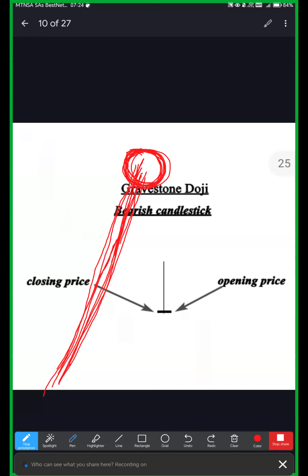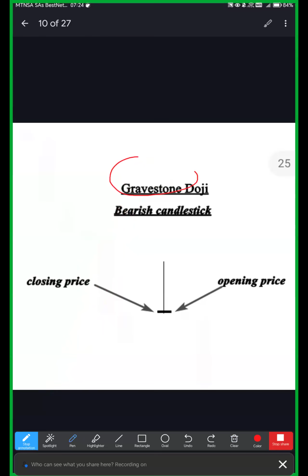How long is this coin going to continue pumping? At which level are you going to exit? Because sometimes money is sweet. When you are collecting profit, it is sweet. Only to find out, while it is sweet in your mouth, the market changes direction. So I'm saying, take note and beware of gravestone dojis that are found at the top of the uptrend.